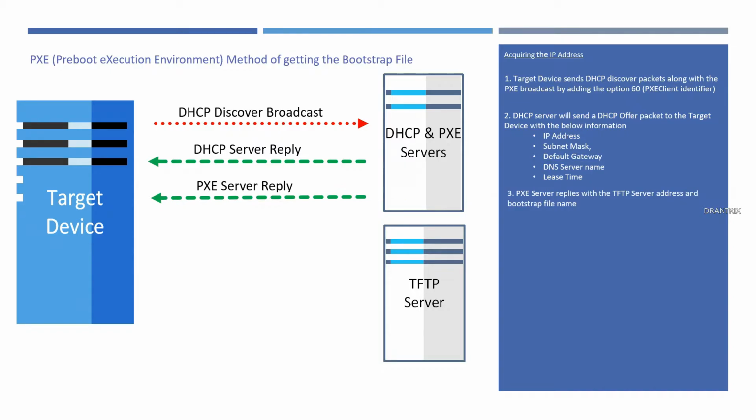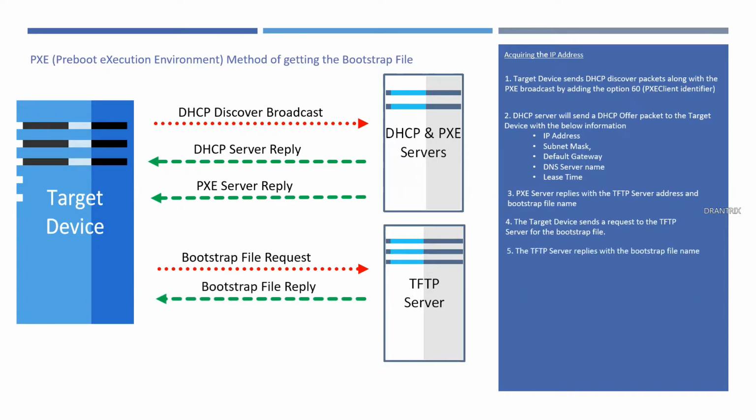In the third stage, the PXE server replies with the TFTP server address and the Bootstrap file name. And in the fourth, the target device sends the request to the TFTP server for the Bootstrap file, and in return, the TFTP server replies with the Bootstrap file.